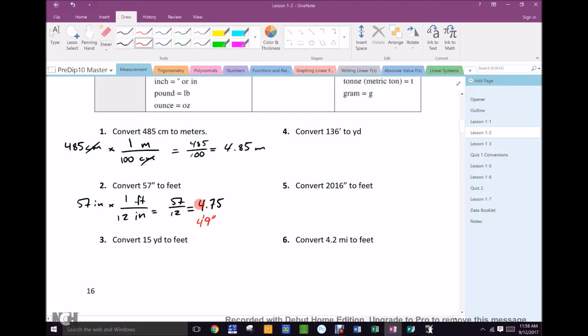You know that 12 goes into 57 4 times, leaving a remainder of what? 9/12. 9/12 must be 4 foot 9 inches. Is everybody good? That's how easy converting anything to anything is.